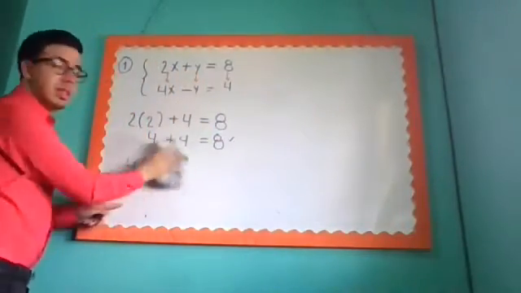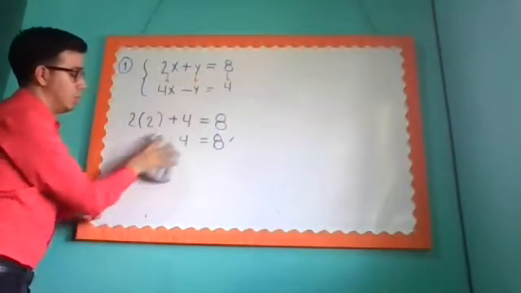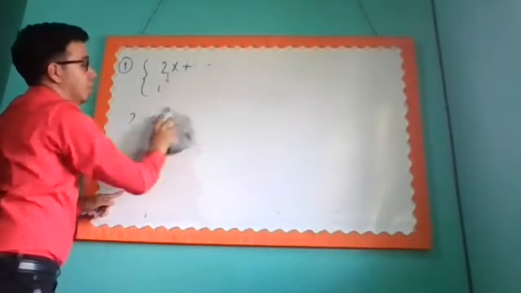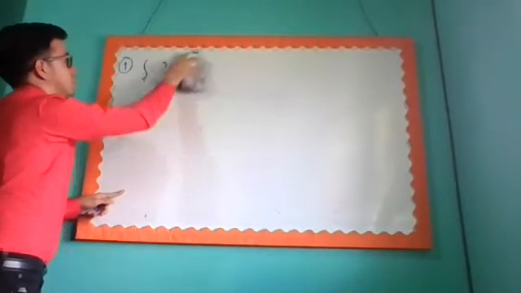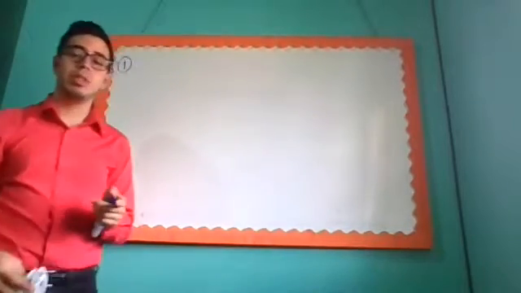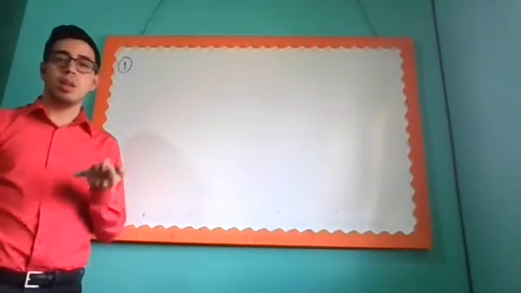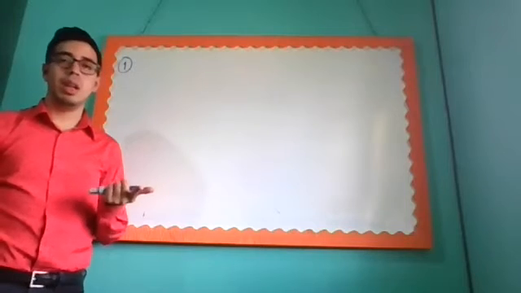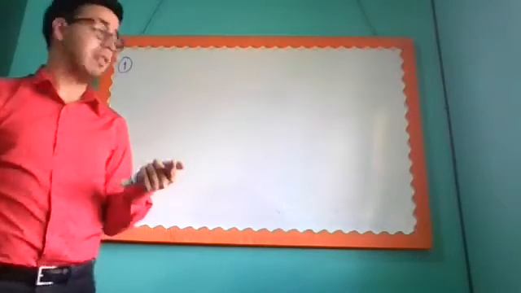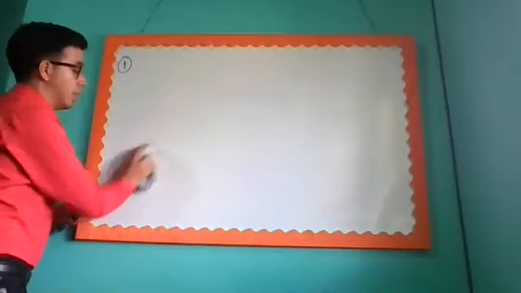Remember, guys, that in these systems, what I'm trying to do is to work easily. So if I can eliminate one variable, like in substitution, for example, if you remember in substitution, we isolate one variable and later we replace it in the other one, okay? So this is the idea of this, not to work with both variables.